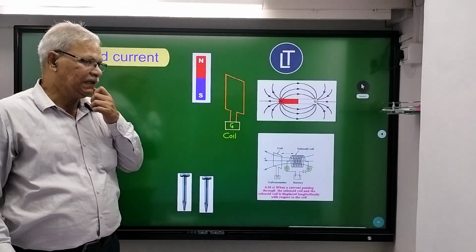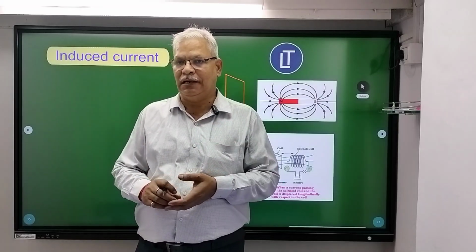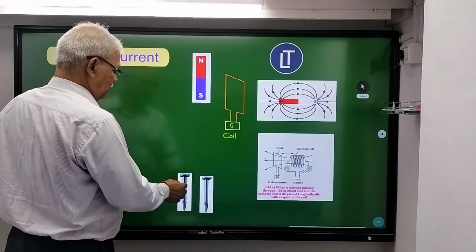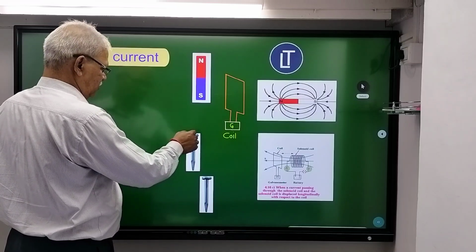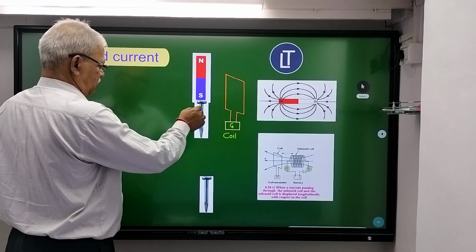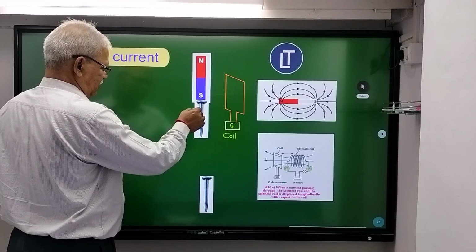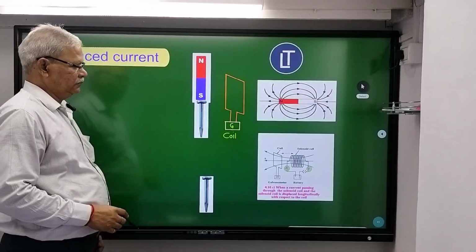You have seen that if you are having a magnet and if you are going to bring a nail close to it, it is attracted by the nail and it gets attached to it. Okay?